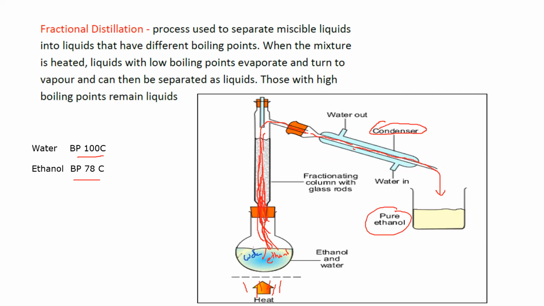But what happened to water? Because the boiling temperature of water is higher than alcohol, water needs more energy. Water vapors may rise, but they are not able to pass through because they need a greater amount of energy. So when we have two miscible liquids, we separate them on the basis of the boiling point.